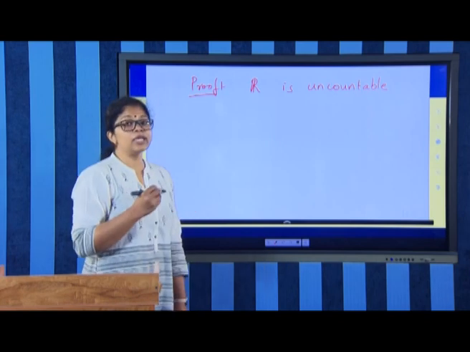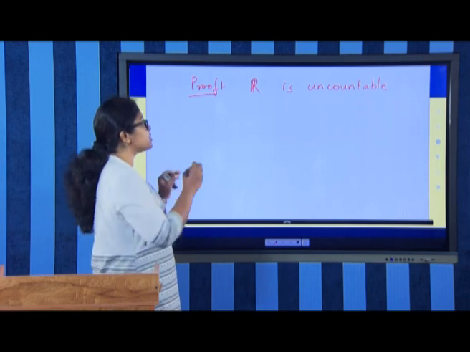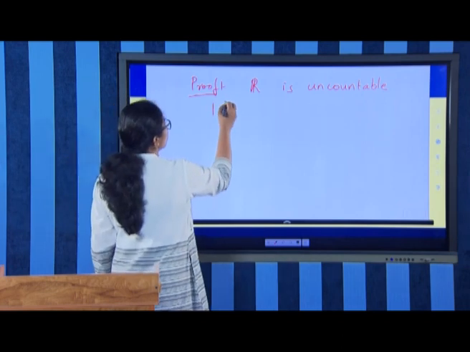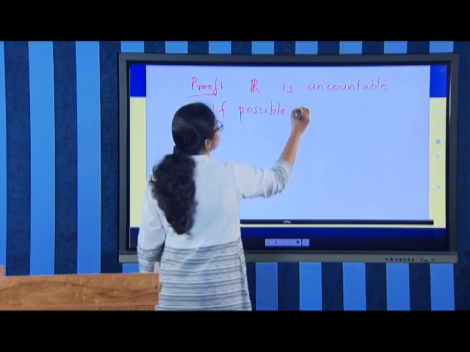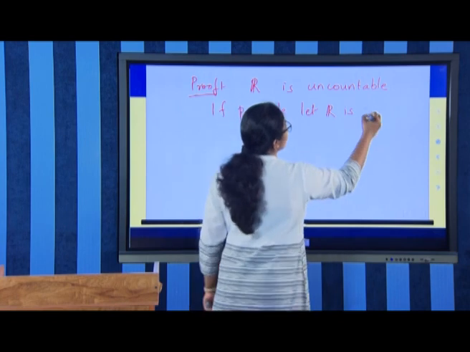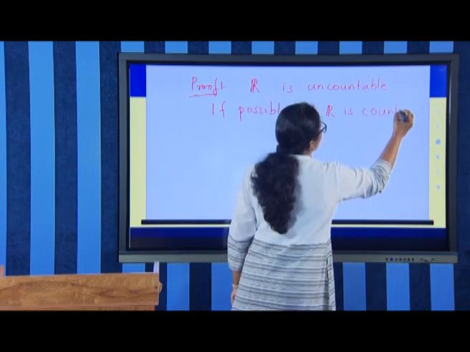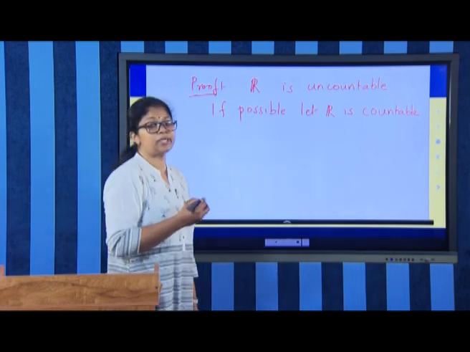In order to prove that something is uncountable, if possible, let us assume that it is countable. So, if possible, we assume R is countable, and hence we can arrange... what is a countable set?